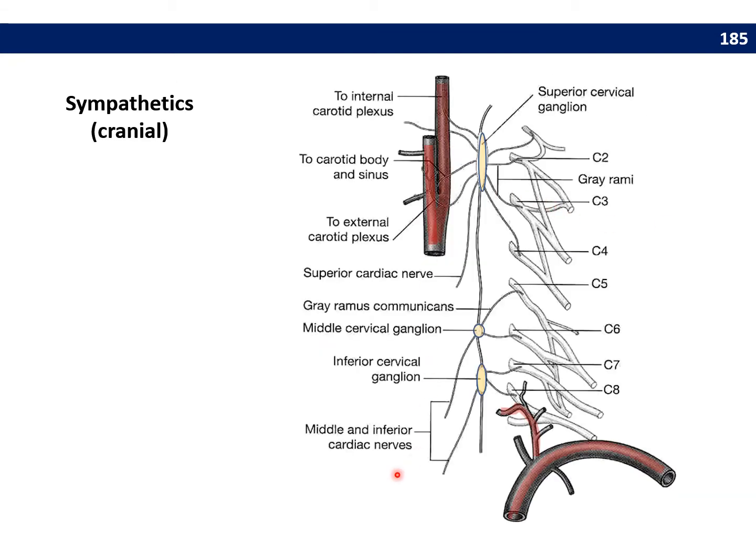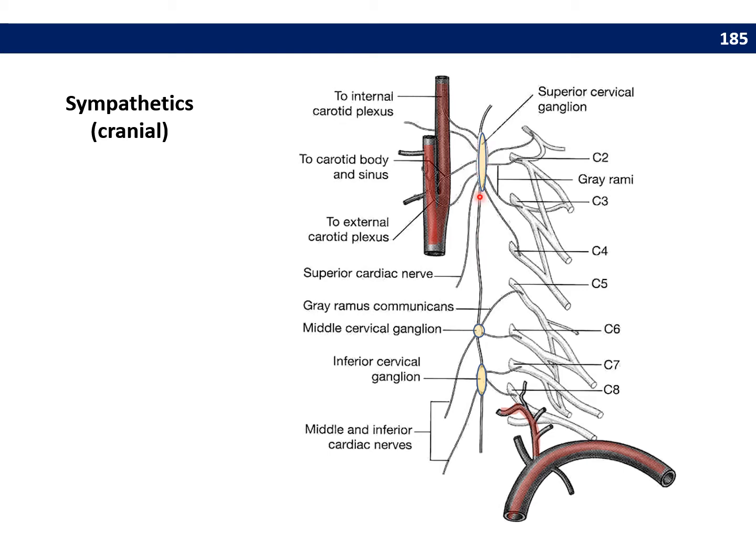Sympathetics still originate in the IMLCC, so T1 to L2, and then those preganglionic fibers ascend to synapse in either the inferior, middle, or superior cervical ganglia.